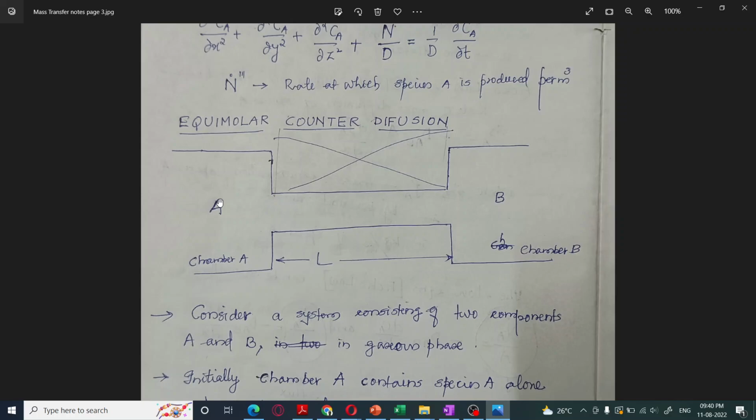The rate at which A diffuses from A to B will be the same in magnitude as the rate at which B diffuses from B to A.